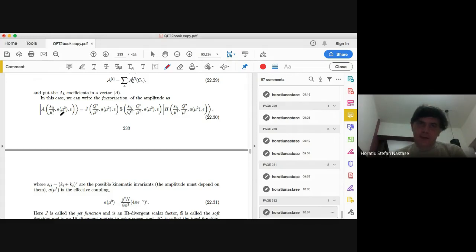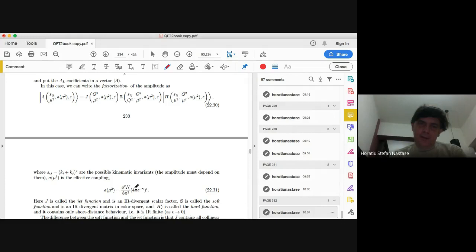Then there's the running coupling, which I define in the following way. There's g squared, but it turns out that the dependence is through the combination g squared times n, with some numerical factors.